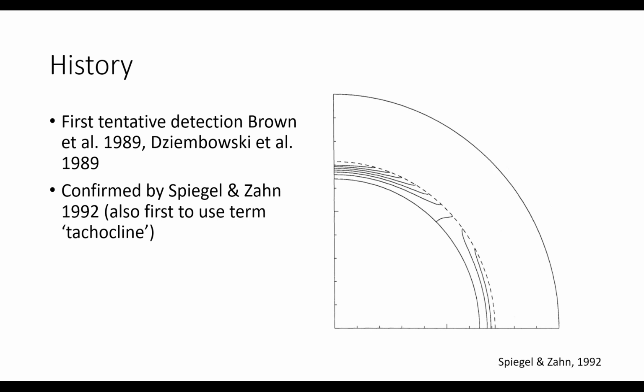I'm actually blanking on what their data set was, but they suggested a model, this was the structure that they proposed, and found that they could explain the frequency splittings that they were seeing with a model like this, which was a relatively narrow shear layer between the convection zone and the radiative zone beneath it.